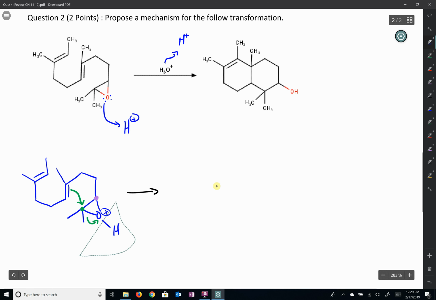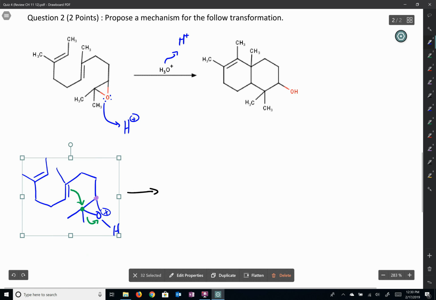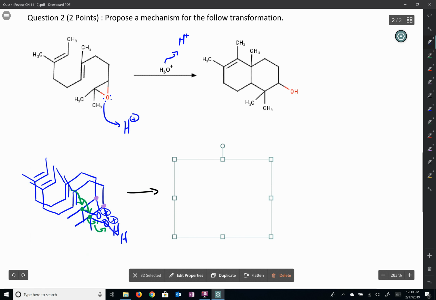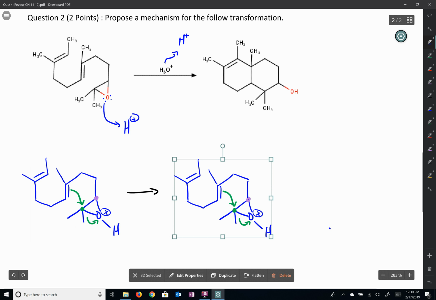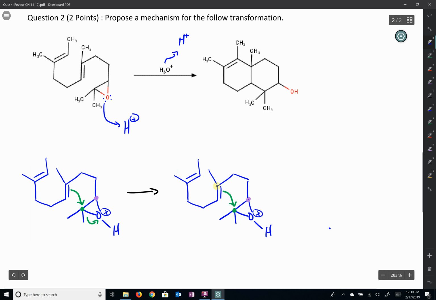Now what I'm going to do is copy this, so I don't have to draw the whole thing over again. And then I'm going to fill in our mechanistic arrows here. Alright, so let me draw what happened. So following our green arrows over there, right, we made that bond.